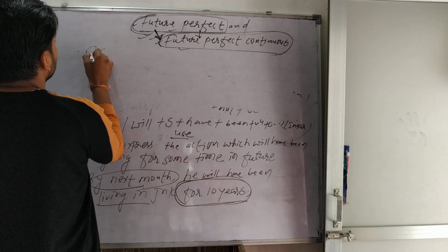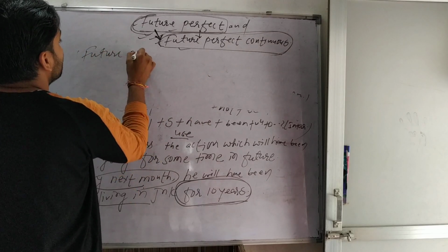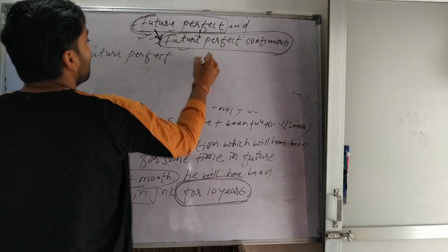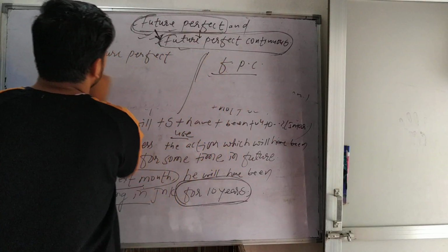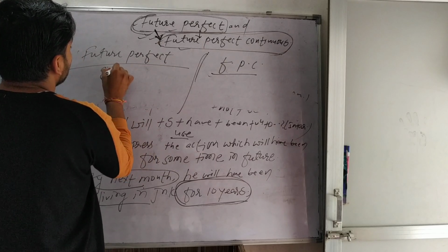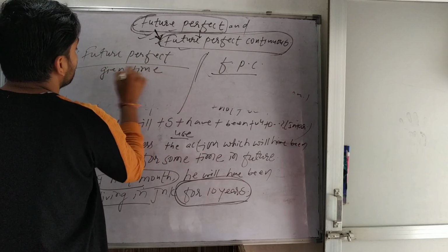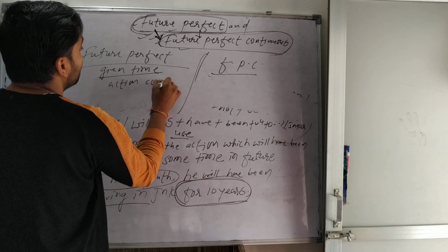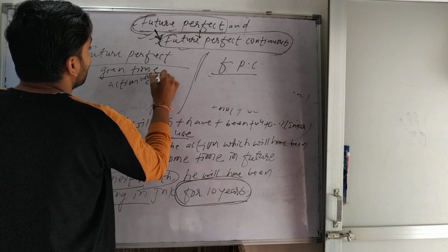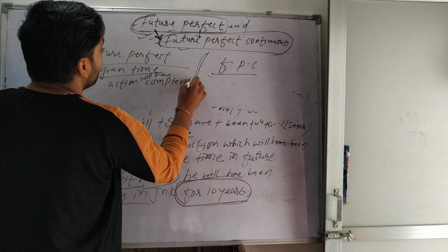So you can say like this: here is future perfect, and here is future perfect continuous. In the future perfect, the given time is more important, or the action is completed. The action will have completed before the given time.